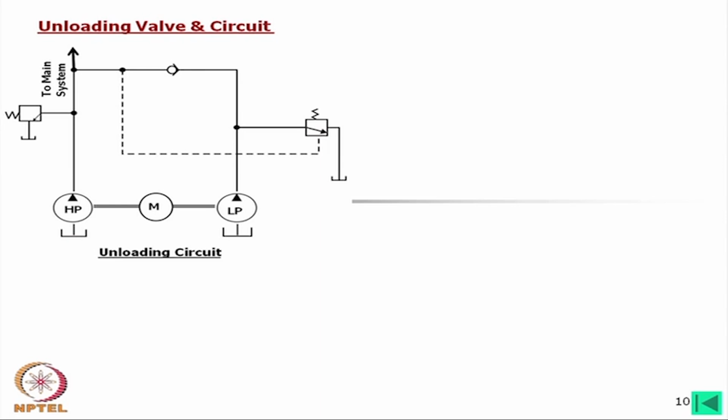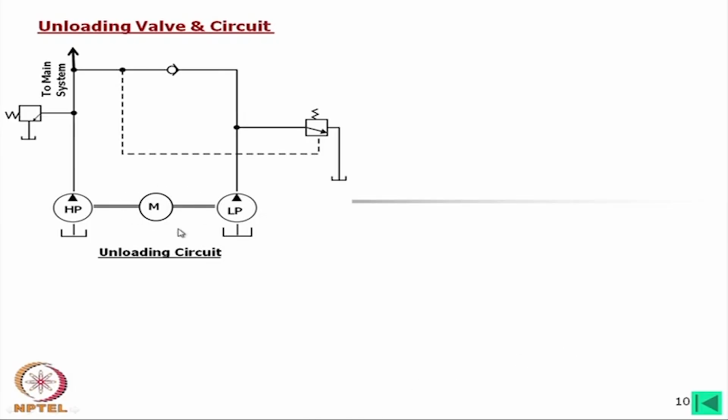In many operations you will find that sometimes we need to actuate more load and at other times maybe a lower load. Once there is a low capacity load, then we can increase the speed, because we have a fixed motor, and the full energy of that motor we can use for that purpose.